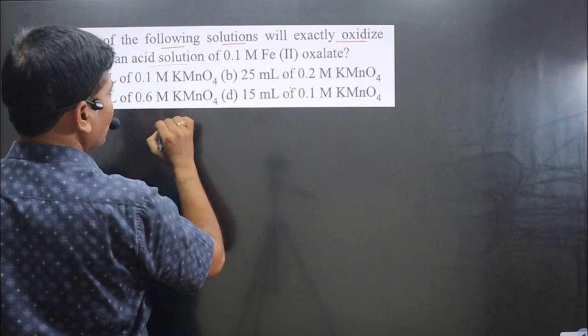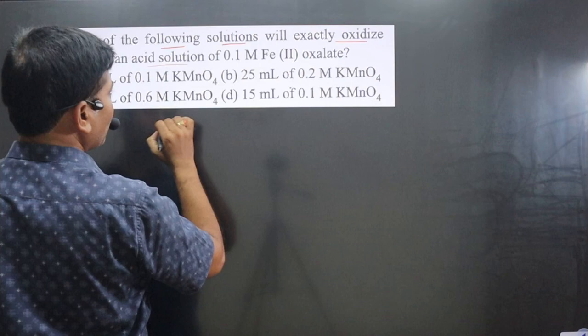Then we are left with only option D. Let's see the data provided in option D. You can see we have 15 ml of 0.1 molar KMnO4 solution. We can calculate for this one also. In this case, the n factor value will be the same.